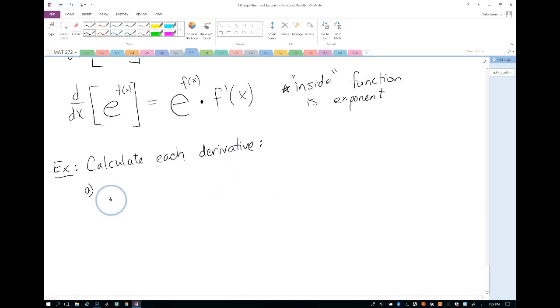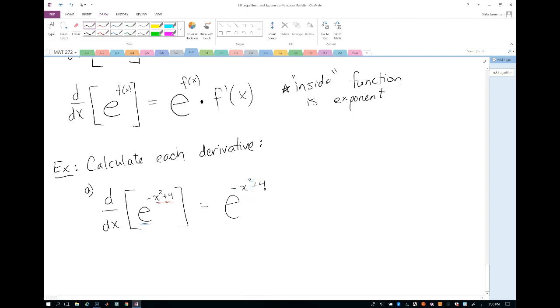So the first one we're going to try is to find the derivative for e to the negative x squared plus 4. So you should recognize this as an inside function and an outside function. We're going to use chain rule. The outside function is the exponential, and the derivative for an exponential function is always itself.